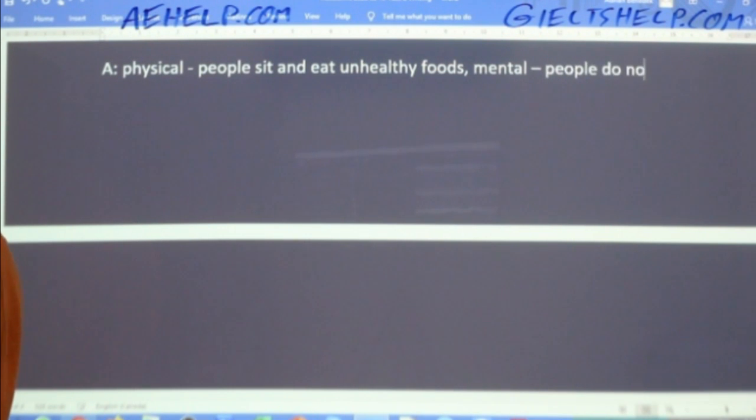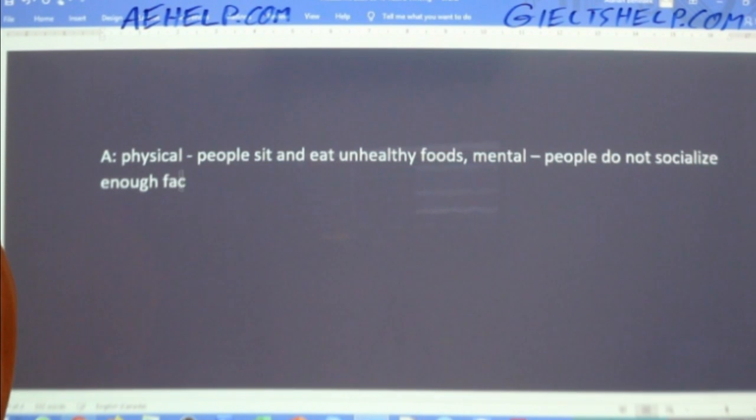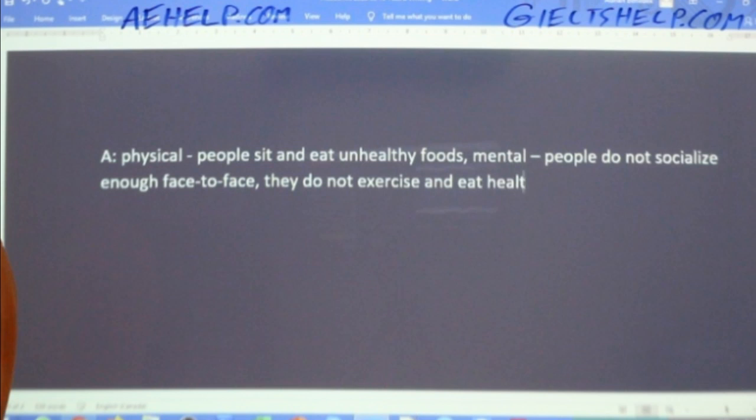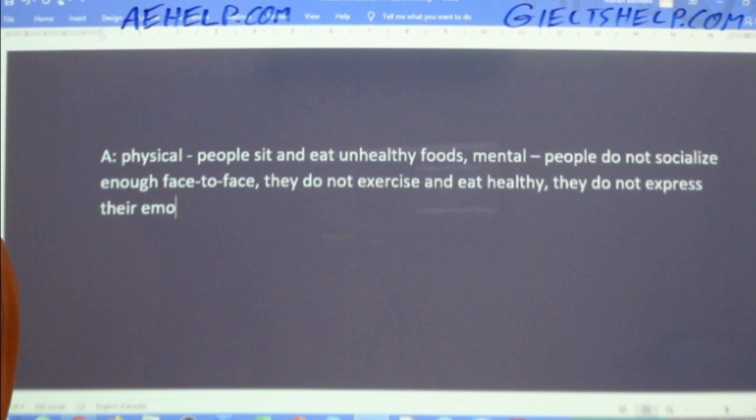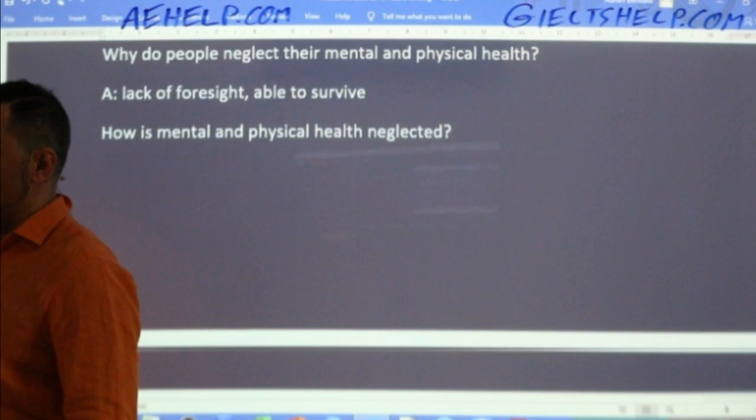People do not socialize enough face to face. They do not exercise and eat healthy. They do not express their emotions. Okay, so those are the hows.